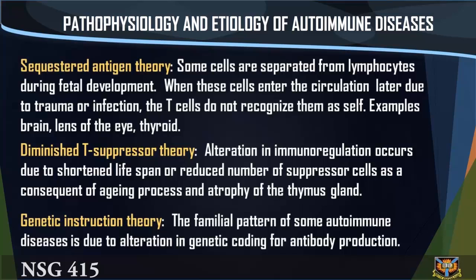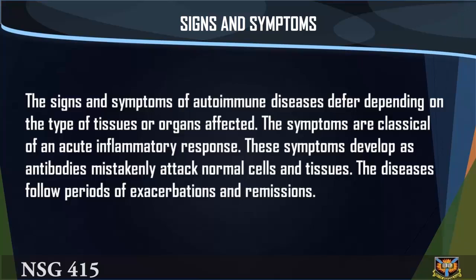Consequently, T cells and B cells mount a cell-mediated or humoral response. The attack may be localized to one organ or a specific type of tissue, or may be systemic, resulting in damage.